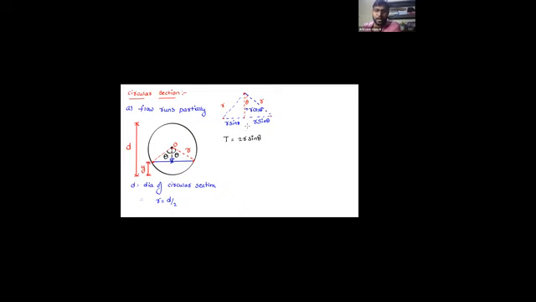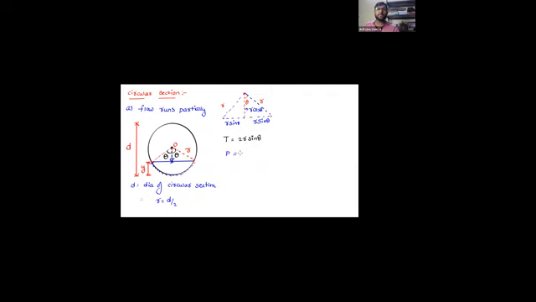Look, what is the wetted perimeter over here? The wetted perimeter is the solid boundary which is in contact with the water. Yes or no? So whatever the length of this solid boundary is, that is nothing but the wetted perimeter.